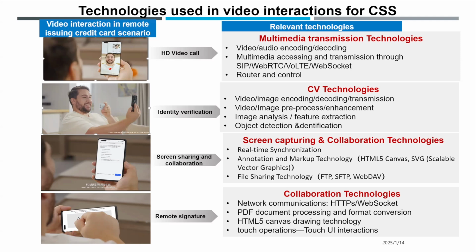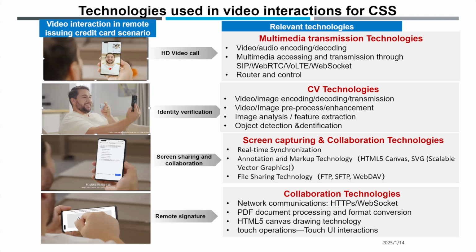The second is computer vision technology. You need to recognize the identity ID and compare it with the database to verify the person. So image analysis and feature extraction are used.